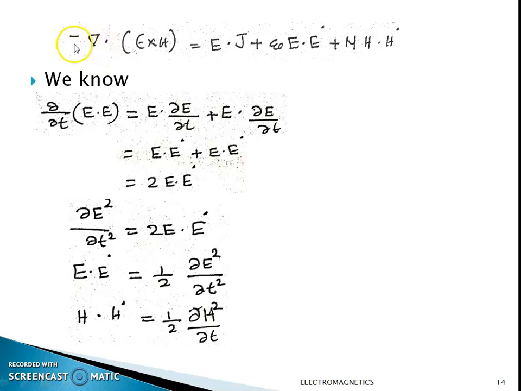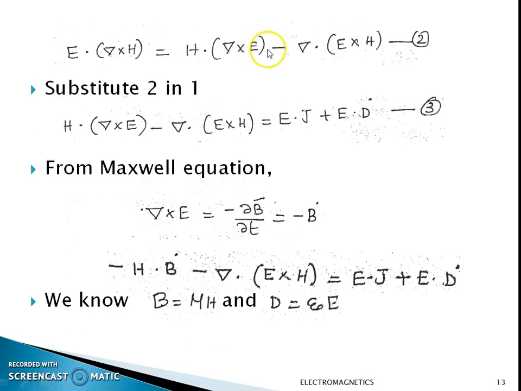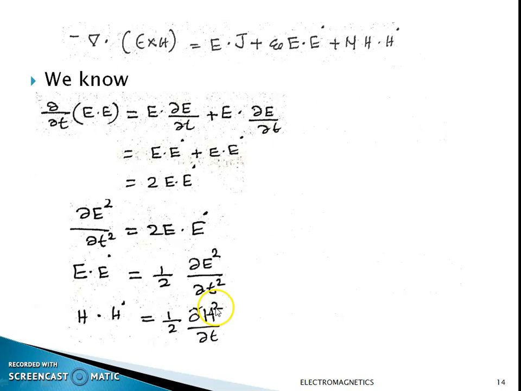So the equation minus del dot E cross H is equal to E dot J plus this D dash, and D can be replaced by this. So epsilon E dot E dash plus mu H dot H dash.